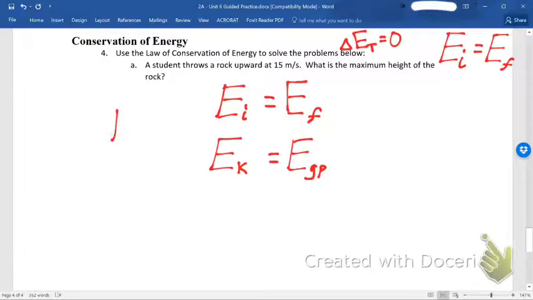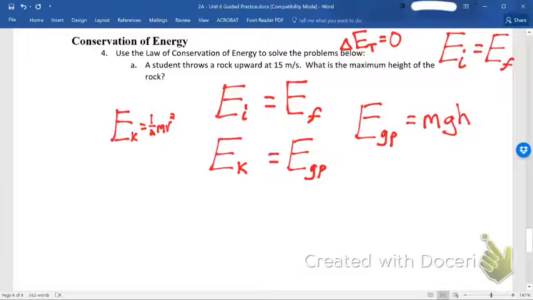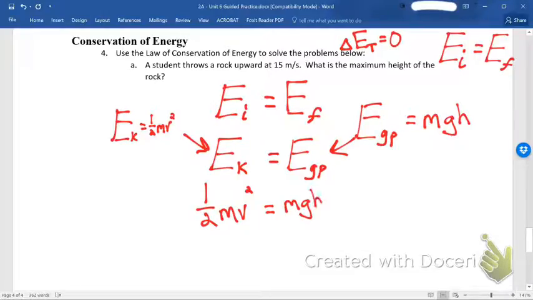Well, if I know that the equation for kinetic energy is 1/2 mv squared, and if I know that the equation for gravitational potential energy is mgh, then I can simply plug these in. So 1/2 mv squared, which is the initial kinetic energy, equals mgh, which is the final gravitational potential energy. In this case, we're trying to solve for height, so we need to use a little bit of algebra here.